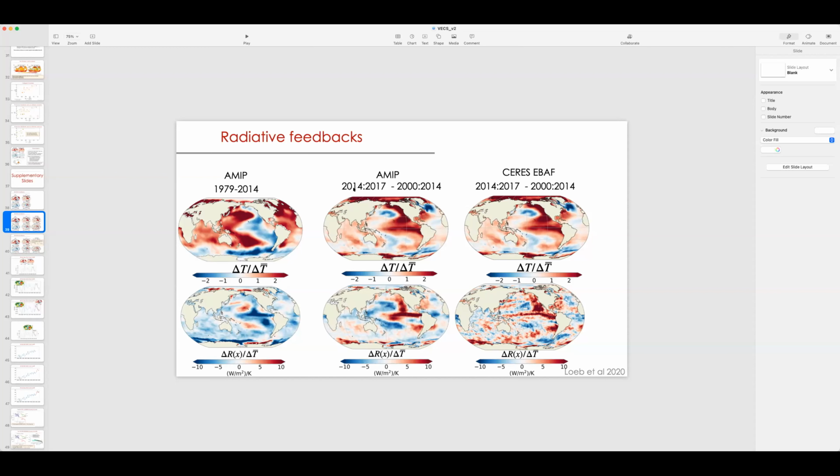So we have a couple of simulations that spanned 2014 to 2017. And as the SST pattern flips in the East Pacific, the radiative response flips. And if you look at the AMIP simulations and compare it with CERES, yeah, you see in CERES some massive cloud response, particularly in the Northeast Pacific. I think this is what Bjorn is referring to.